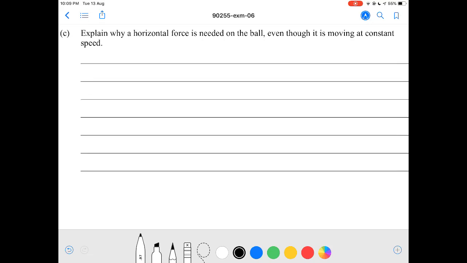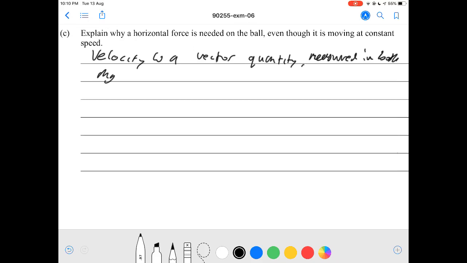The first statement we always make is velocity is a vector quantity, measured in both magnitude and direction.